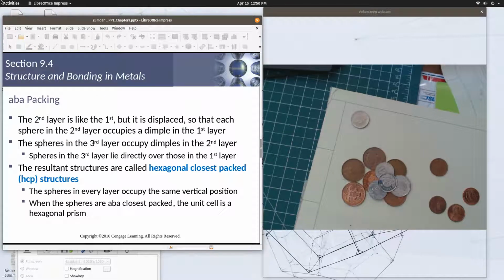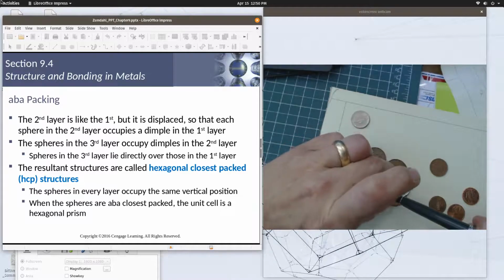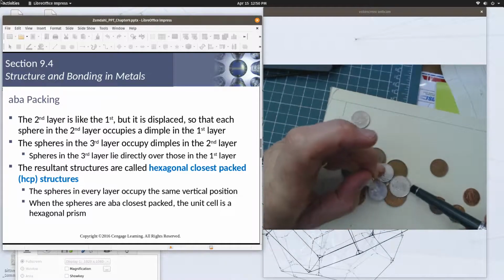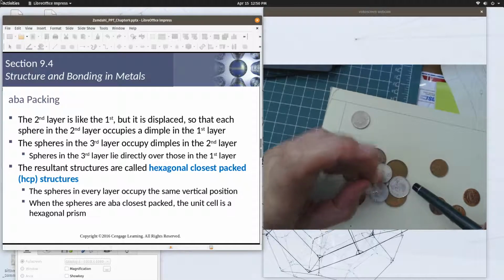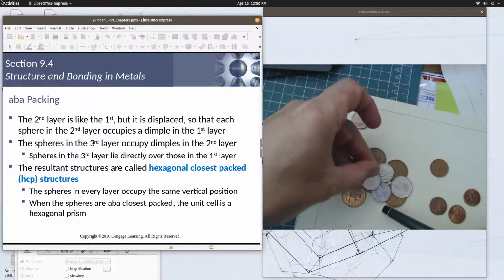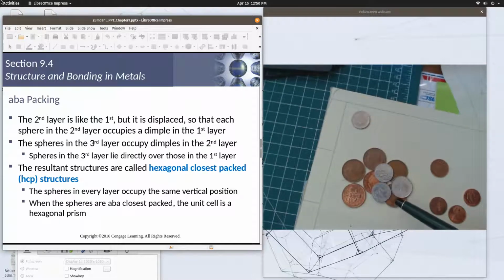Okay, so here the second layer is like the first layer except it's displaced. The third layer occupies this little space right here, so you can see how this little pocket lies right on top of that. Well, that's another layer that I can do. So I can either put it here or I can put it right there in the middle. And these are 2 different structures.